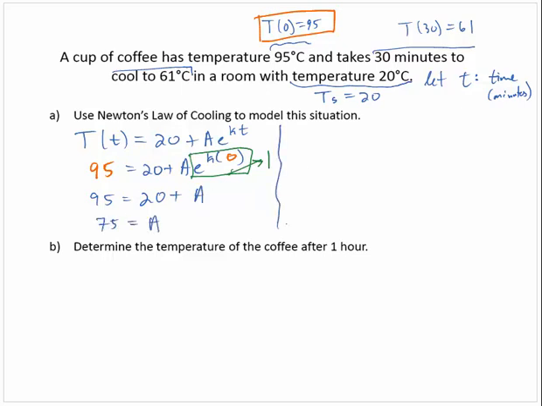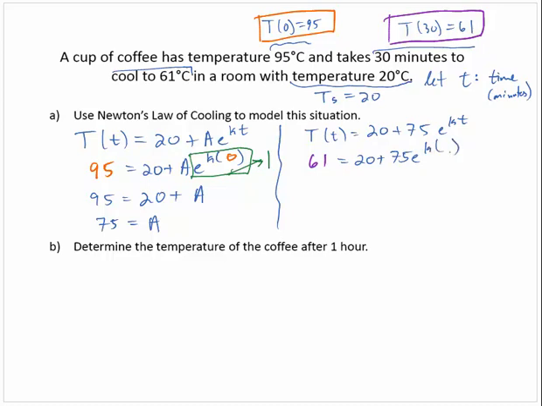Alright, so now I can revise my model a little bit. T of t is 20 plus 75 e to the kt. And now I'll use the second point. T of 30 is 61. So then 61 is equal to 20 plus 75 e to the k times 30.